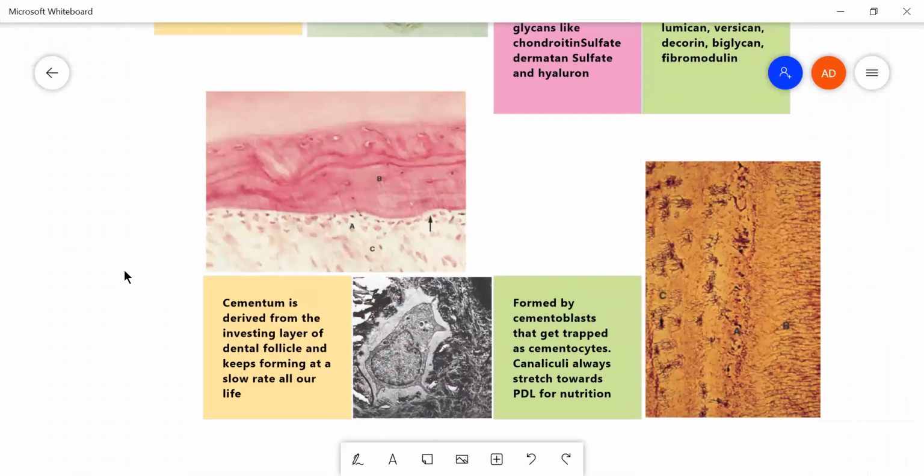Now, cementum is formed by cementoblasts. While cementoblasts are laying down cementum, they can get trapped inside the cementum and form cementocytes that stay inside the lacunae. The canaliculi that stretch out from the lacunae for nutrition usually face towards the periodontal ligament, as you can see in this figure over here.